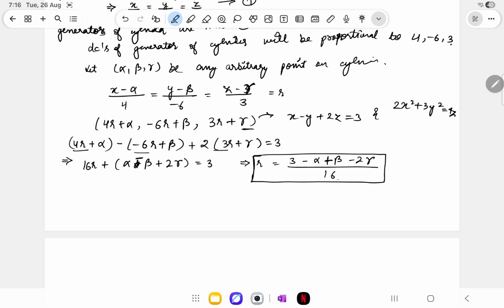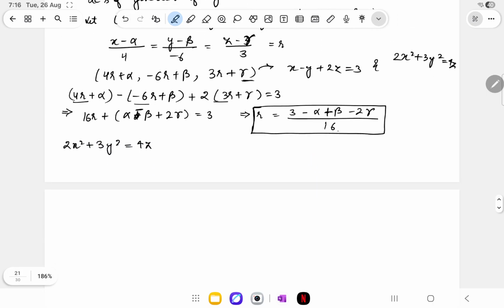Also this arbitrary point must satisfy the equation of the second curve, which is 2x square plus 3y square equals 4z. So if I substitute this arbitrary point here, I'll get 2 into (4r + alpha) square plus 3 into (-6r + beta) square equals 4 times z, that is (3r + gamma).